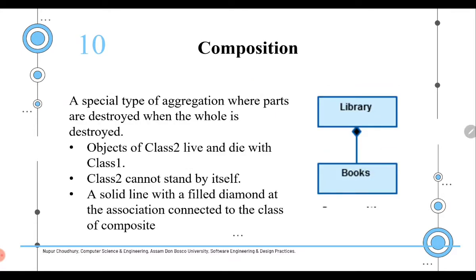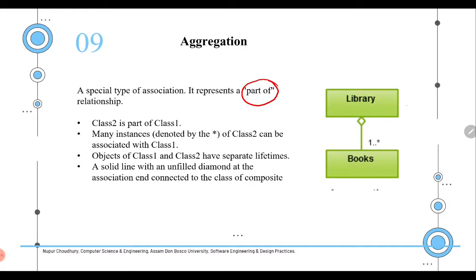So let us say class 1 is library and class 2 is books. So class 2 is a part of class 1, and if there are many instances of such class 2 which are basically parts of class 1, then we represent it using a star.